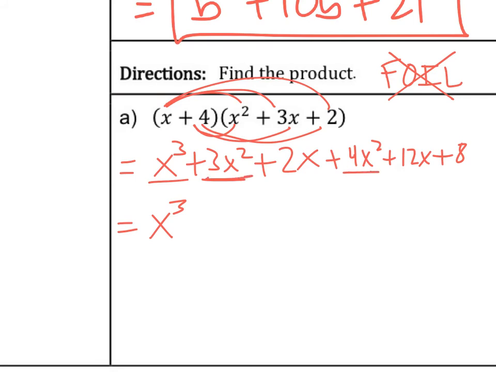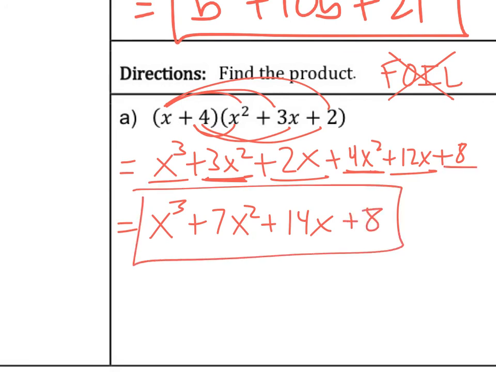Let's put the 3x squared with the 4x squared. That's 7x squared. Only combine like terms. 2x plus 12x, that's 14x. Let's see, did I take care of all the terms? Underline, underline, underline, underline. Oops, I forgot one. Plus 8. Just make sure you include all the terms when you're simplifying.